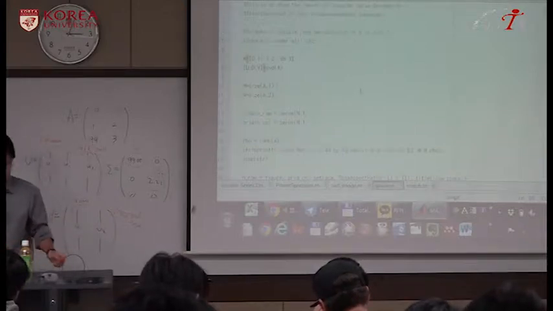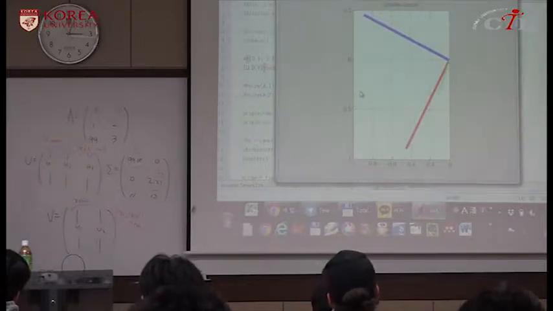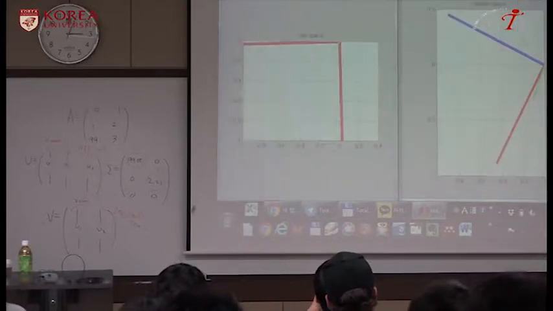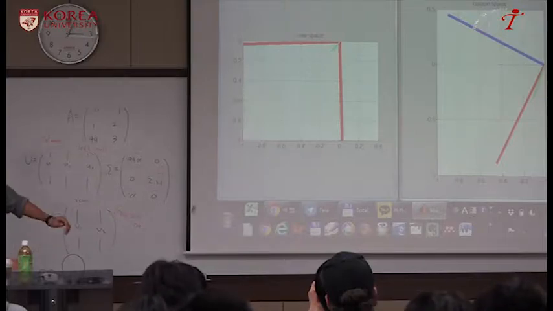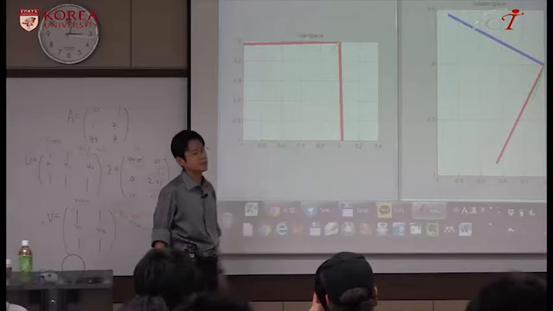Then let's see in figures. This is row space. Red lines are row space.